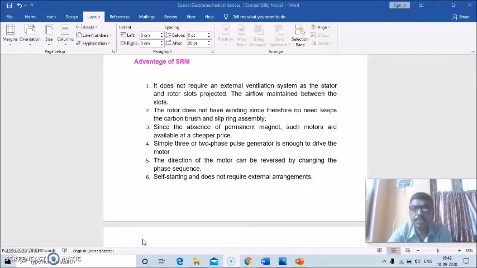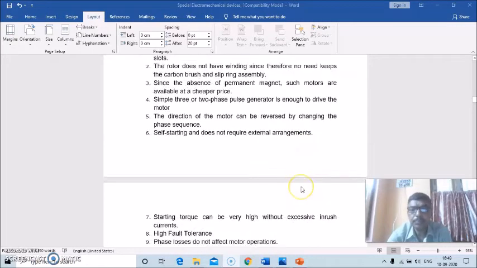And since there is an absence of permanent magnet, such motors are available at a cheaper price. A simple 3 or 2 phase pulse generator is enough to drive the motor, and the direction of the motor can be reversed by changing the phase sequence. It is self-starting and does not require external arrangement.